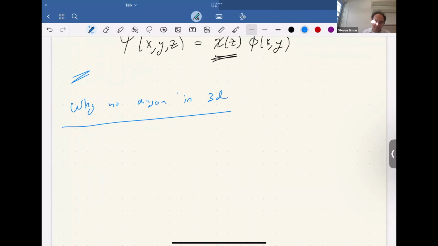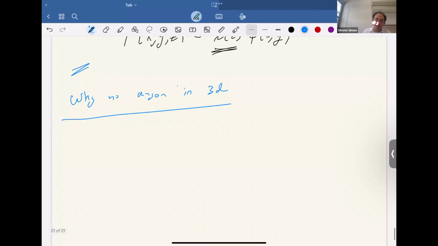There's an argument about why people thought for a long time that we only have bosons and fermions. The argument goes like this. It's in all quantum mechanics textbooks. You take an operator called the exchange operator that takes a wave function psi of R1, R2 and changes it to psi of R2, R1.